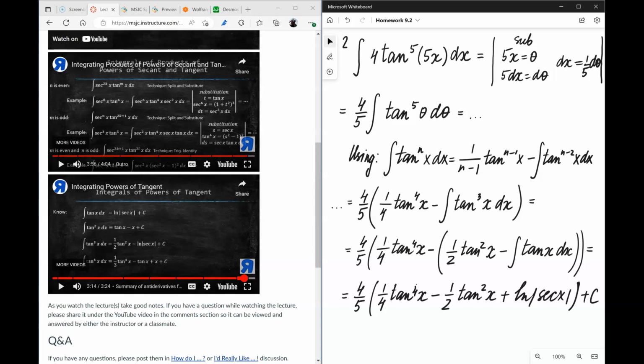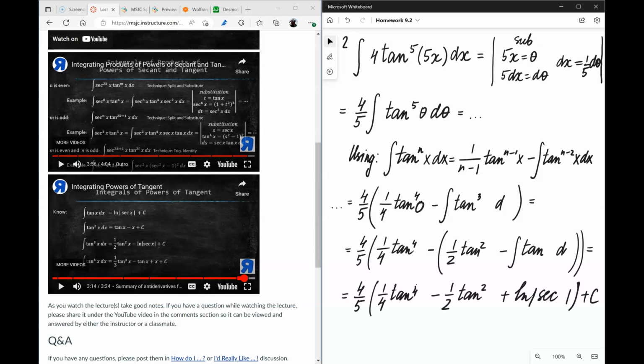Now, the mistake I've made is that I wrote x instead of theta, so let me fix that real quick. I'm going to erase all the x's. And this is not the first time I make such a mistake. So it's really important to keep track of the variables of your integration.